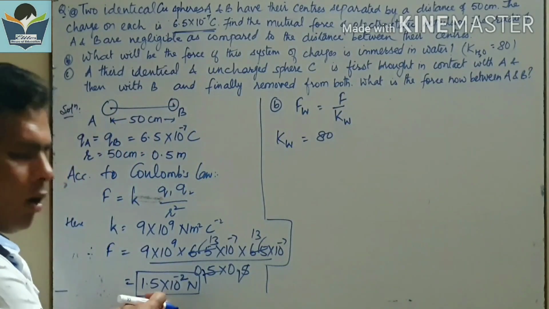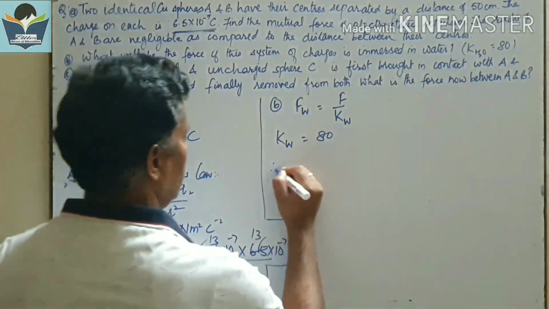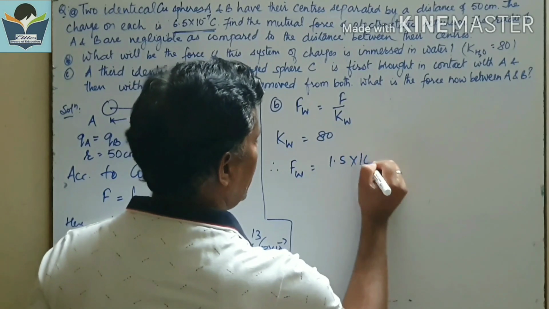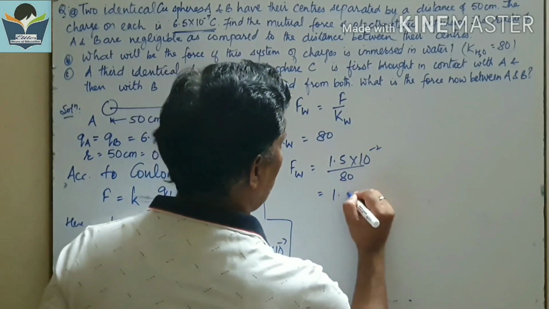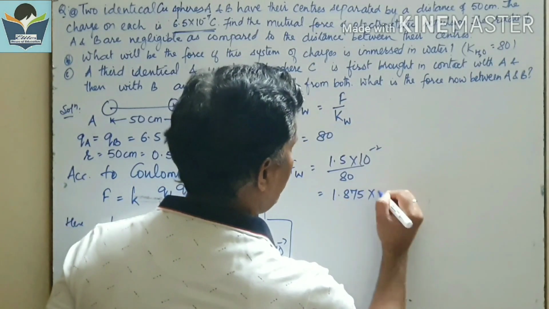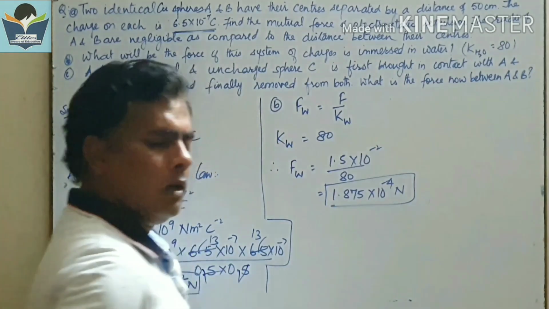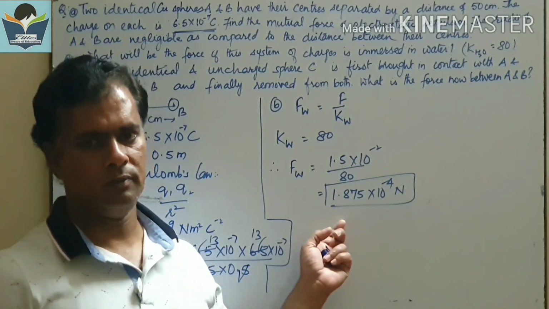The force we have already identified as 1.5 into 10 to the power minus 2 Newton. So the force in water comes out to be 1.5 into 10 to the power minus 2 divided by 80, that comes out to be 1.875 into 10 to the power minus 4 Newton. This is the force when they are immersed in water.